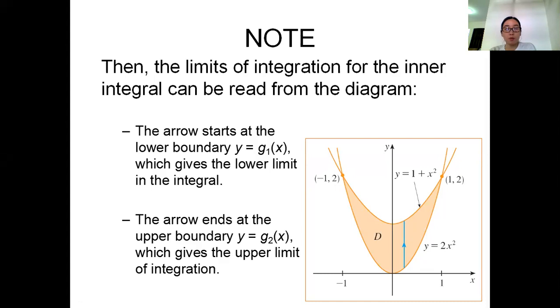Then the limits of integration for the inner integral can be read from the diagram. So, since this is a type 1 region, we use the lower boundary y is equal to g sub 1 of x, which is our lower limit, and our upper limit is y is equal to g sub 2 of x, where it is a function of x.